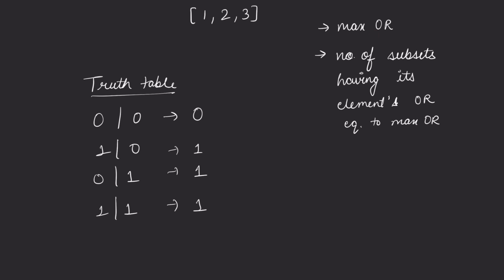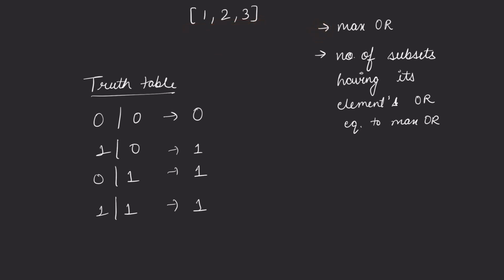So if you do the OR of more and more elements, you would be increasing your chances of getting more set bits, and if you get more set bits, that means you are increasing your chances of getting a greater OR. So if you do the OR of all the array elements, you are only increasing your chances of getting a greater OR.